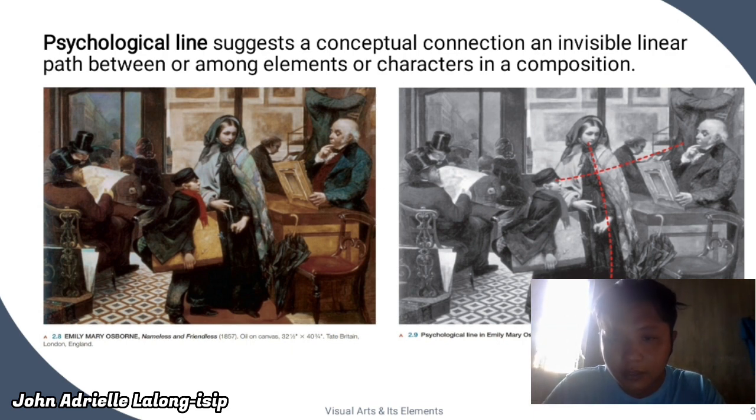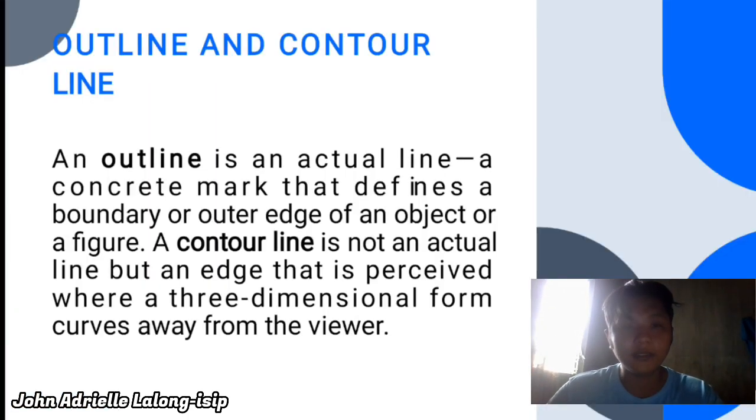Makikita natin yung line of sight ng dalawang tao. Samantalang yung sa nanay, nakatingin siya sa baba. Kumbaga, they have a connection, yung dalawang characters na nakikita natin sa painting. That's one of the examples of psychological line.